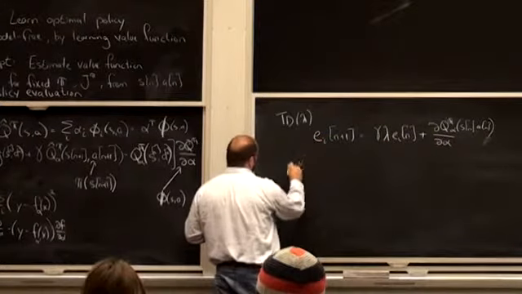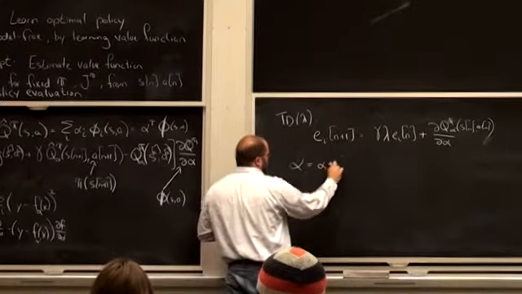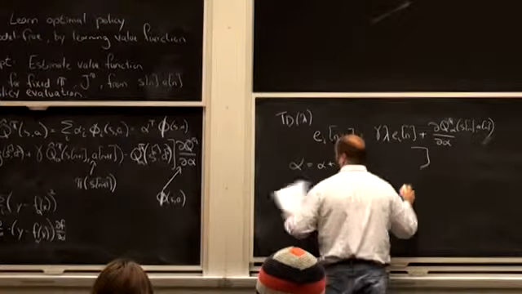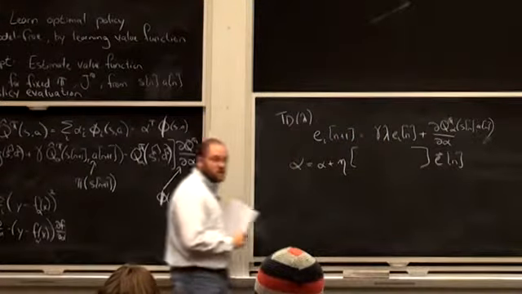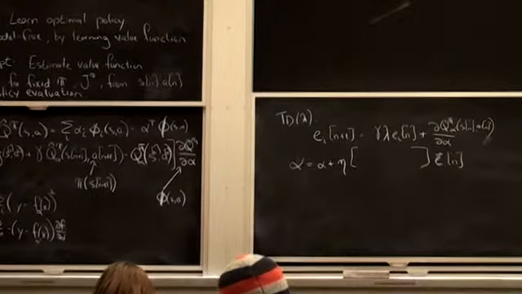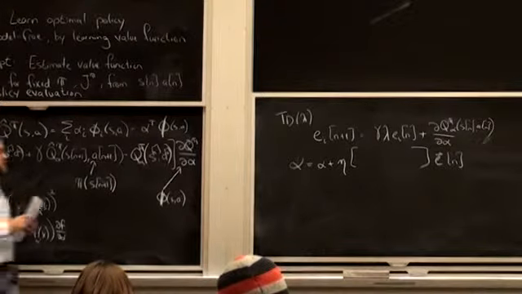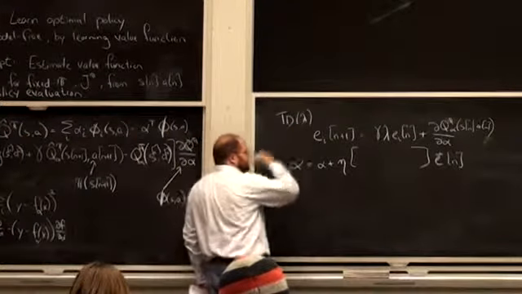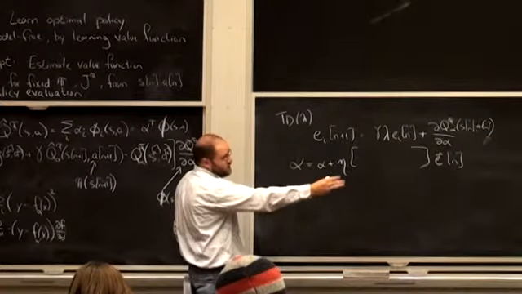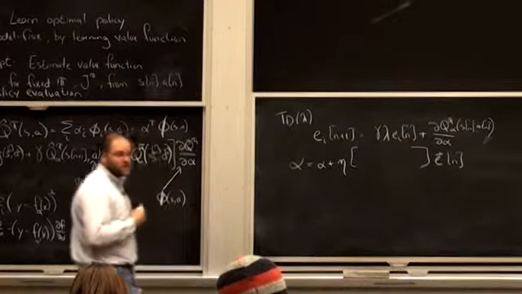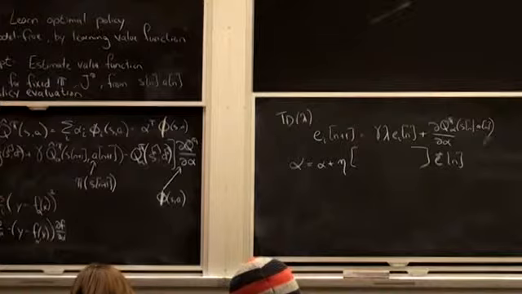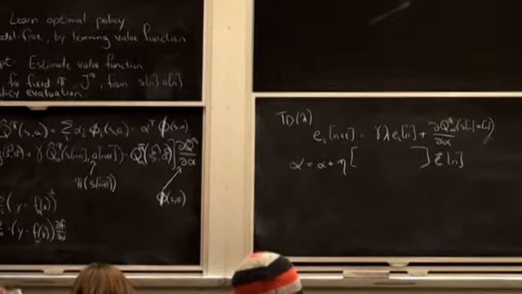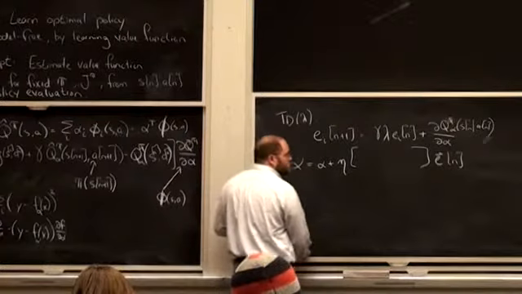Then my update is the same thing. This is my big temporal difference here, and instead of multiplying by the gradient, I multiply by the eligibility trace. Magically, through an algebraic trick, remembering the gradient computes the bootstrapping case when lambda is 0, the Monte Carlo case when lambda is 1, and something in between when lambda is between 0 and 1. So you can still do temporal difference there.